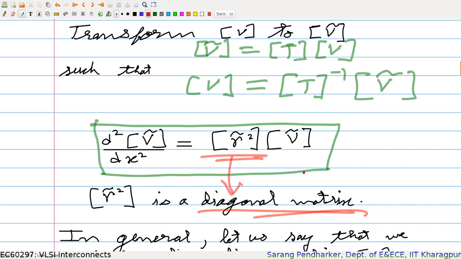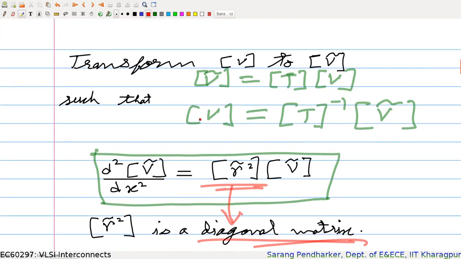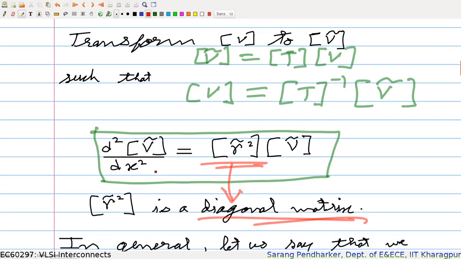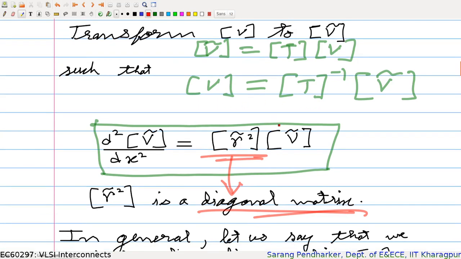If this is a diagonal matrix, then all the new voltages which I have defined by my column vector V tilde would all be decoupled. I can solve them independently as if they were isolated interconnects, and then transform the solution back to my physical voltages to get the final expression and estimate of crosstalk, timing jitter, and others.